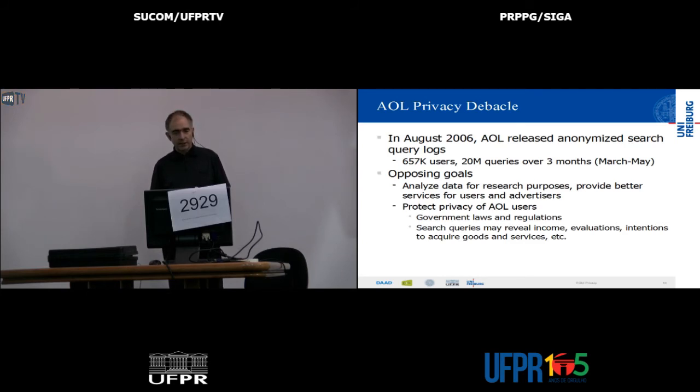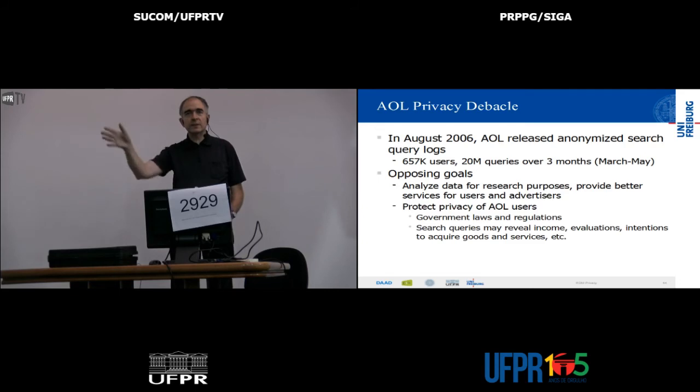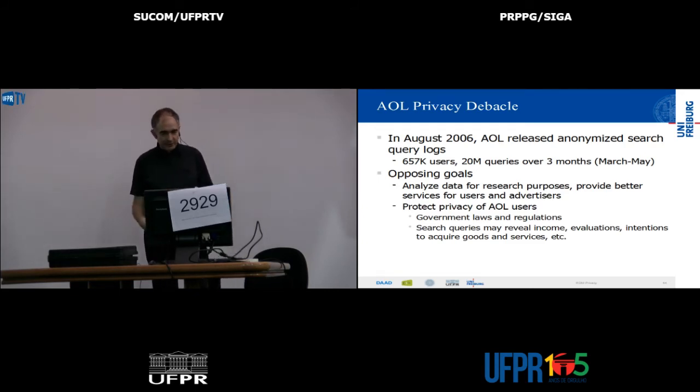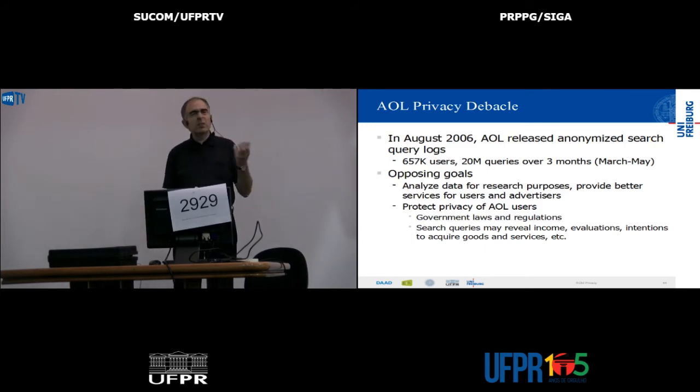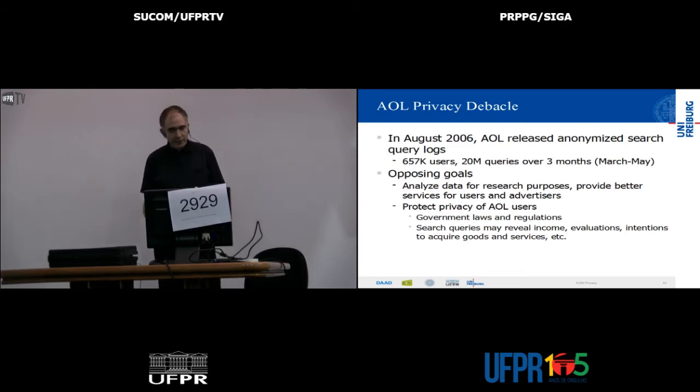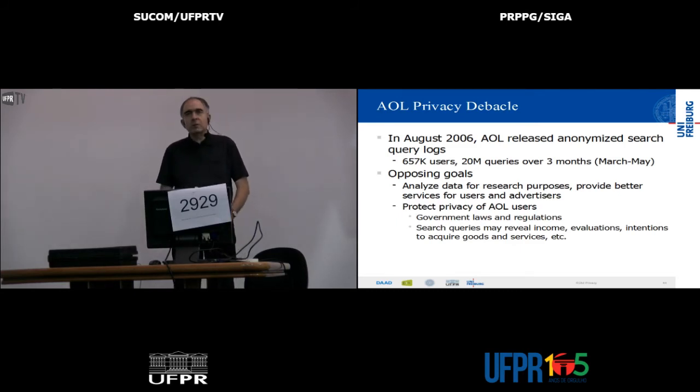Sometimes we get statistics from Google about the most favorite search pattern right now. If there's a Netflix series and somebody gets murdered, you want to find out, and you get these buzzwords. But in that case, it was a more general thing. They wanted to find out, what are people looking for? Protect privacy? Yes, we do, because there are government laws and regulations. And the search queries might reveal income, evaluation, intentions, what people really want, etc. So protect privacy.